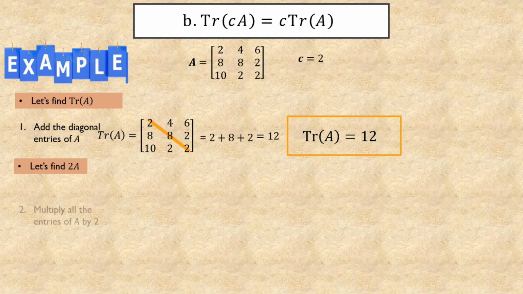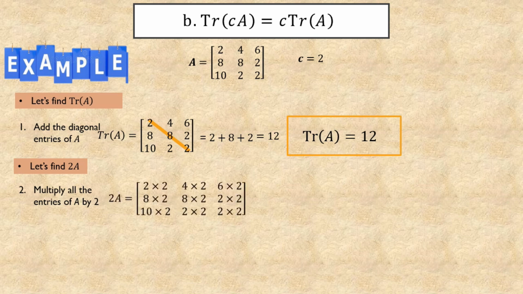Next, let's find 2A. Multiply all the entries of A by 2. So, 2A will be like this: 2 times 2 is equal to 4, 4 times 2 is equal to 8, 6 times 2 is equal to 12, 8 times 2 is equal to 16, and 8 times 2 is equal to 16, 2 times 2 is equal to 4, 10 times 2 is equal to 20, 2 times 2 is equal to 4, and 2 times 2 is equal to 4.